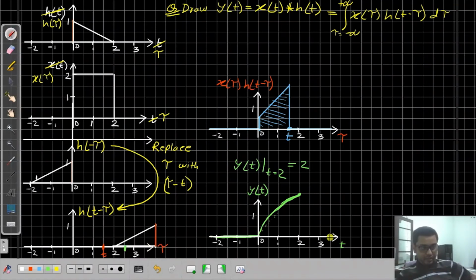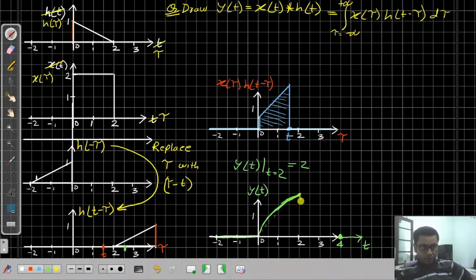Let me extend this to t equal to 4 and a little more. Okay, so at this point output will decrease and become 0.